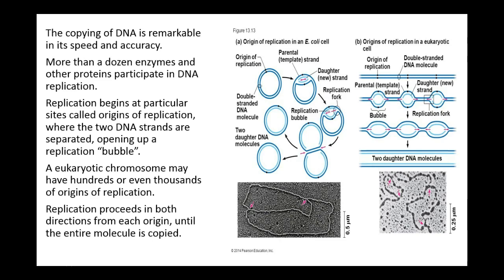I was just reading how fast it can happen, and I can't pull it up this quickly, I'm sorry, but the replication is mind-boggling, how fast it is and how many times the DNA replicates without any mistakes. It's just mind-boggling.